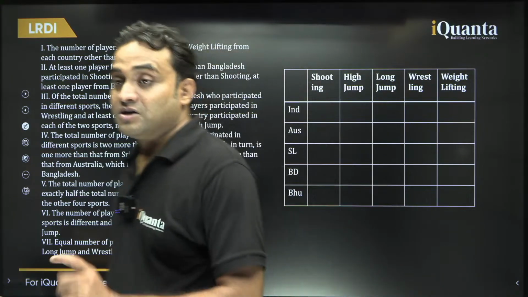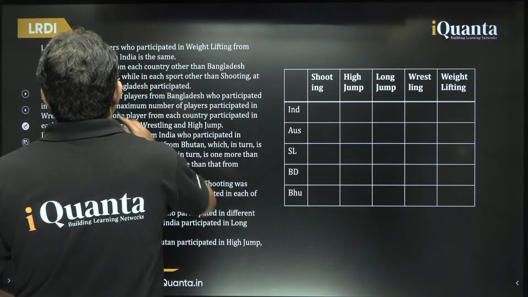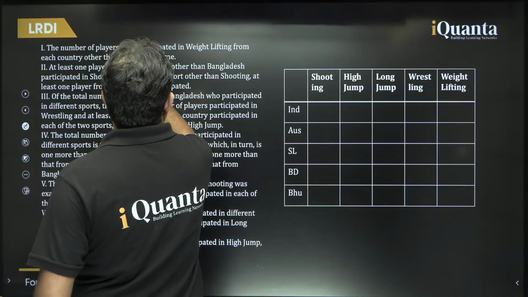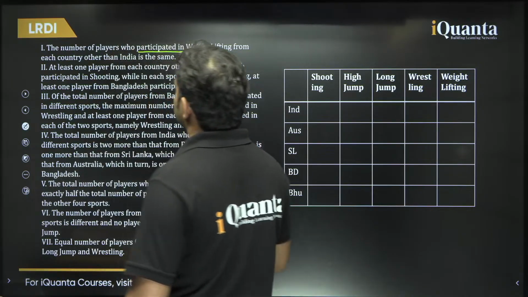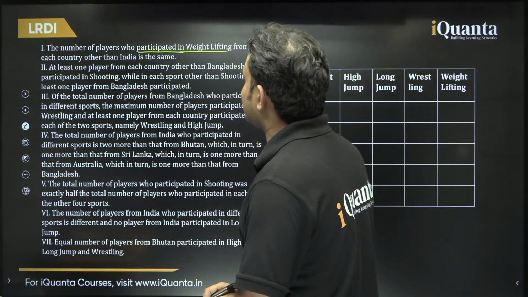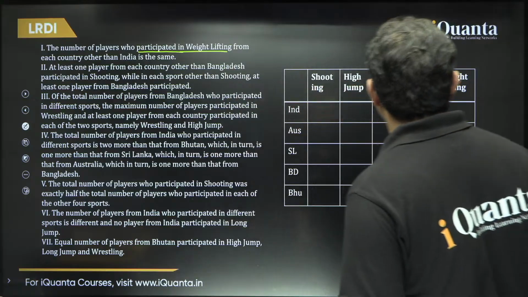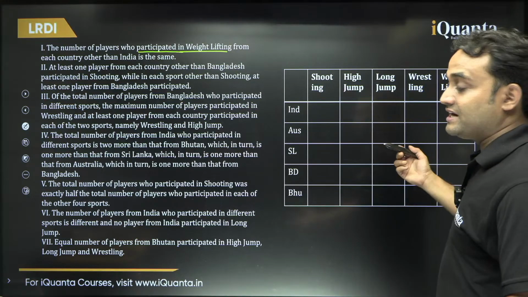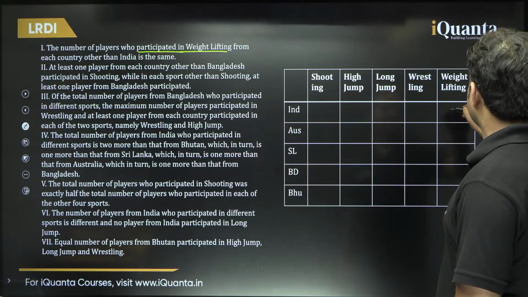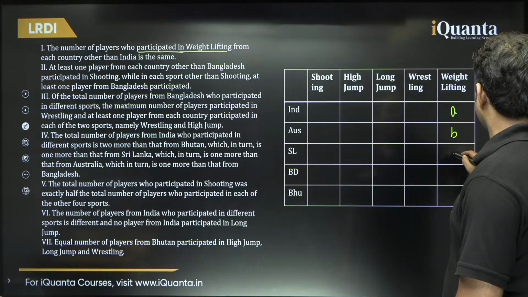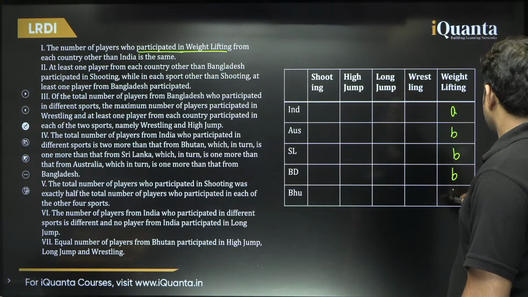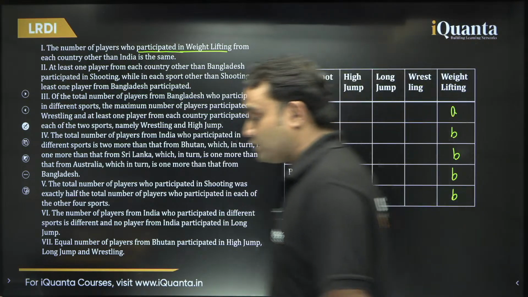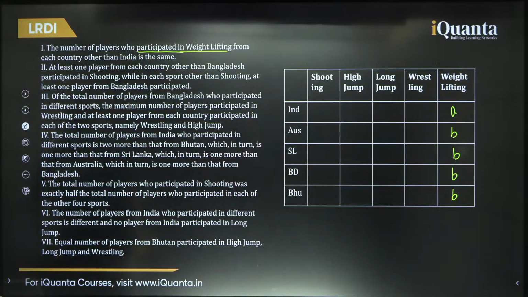Now, it says the number of players who participated in weightlifting from each country other than India is the same. From each country in weightlifting other than India is the same. So, in India, if it's A, in every other country it's B. Now, we don't know the values right now, so we are going to use variables.